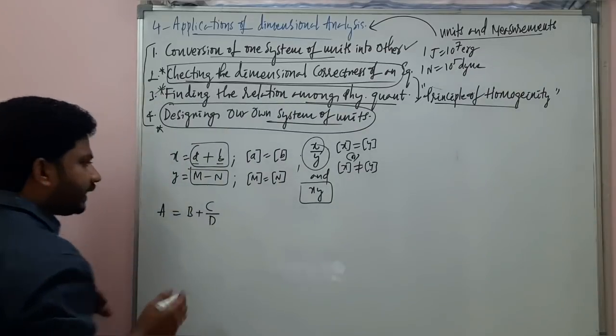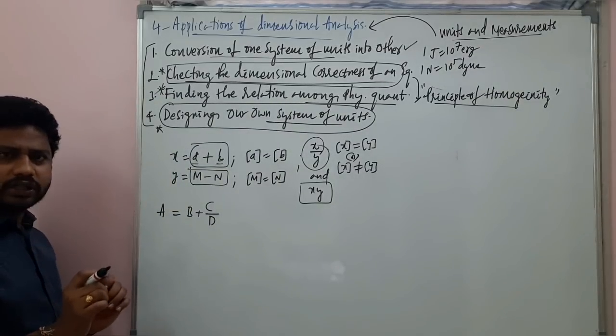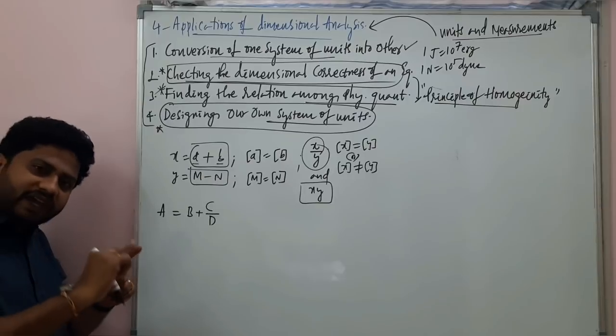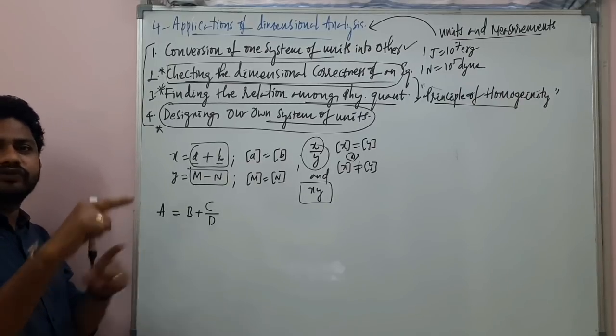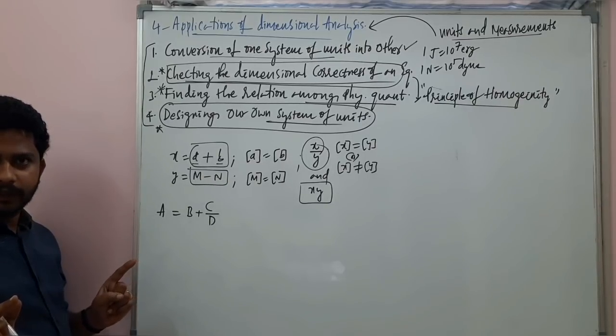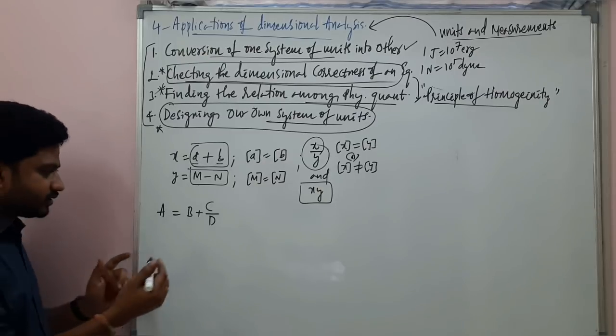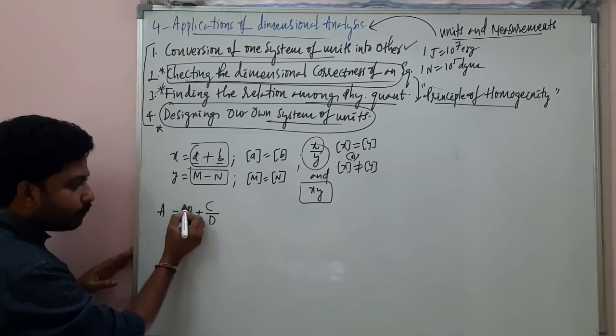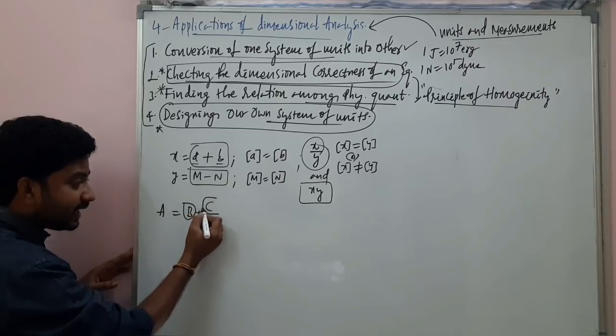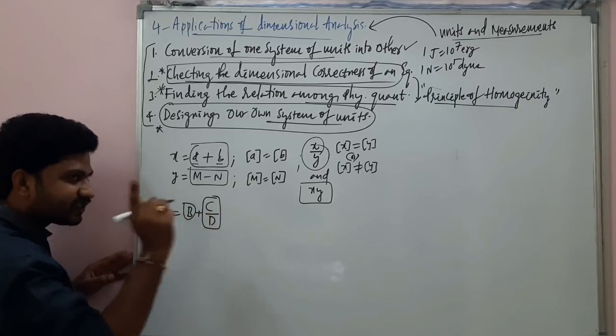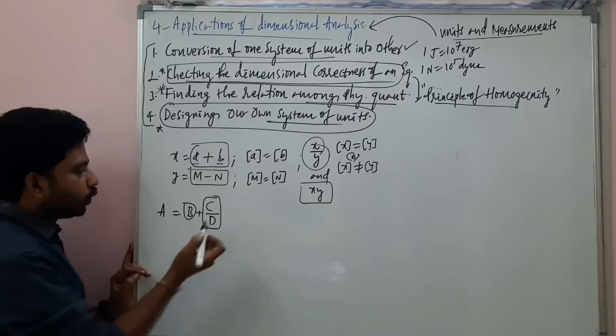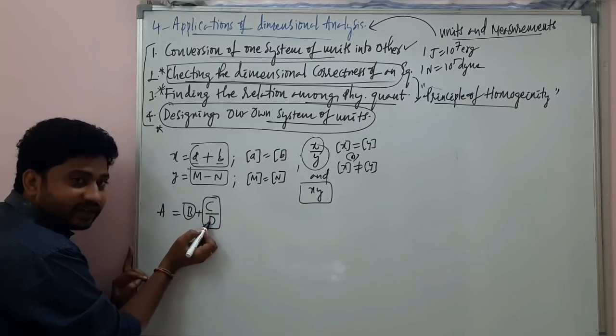What you should understand, according to the principle of homogeneity, the first thing: wherever you are adding two physical quantities, they must have the same dimension. Here we are adding B and C by D. Now C by D is a physical quantity, understand? This is one physical quantity, this is another physical quantity.